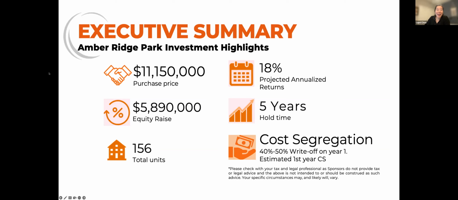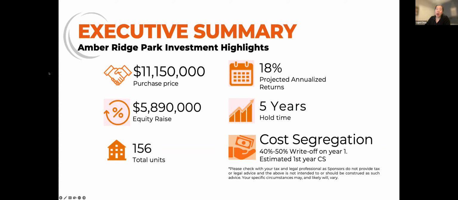Okay, sorry about that. So the executive summary basically is just give you a high level overview of the project, including the purchase price, the amount being raised, the size of the property, some of the return projections, hold time.